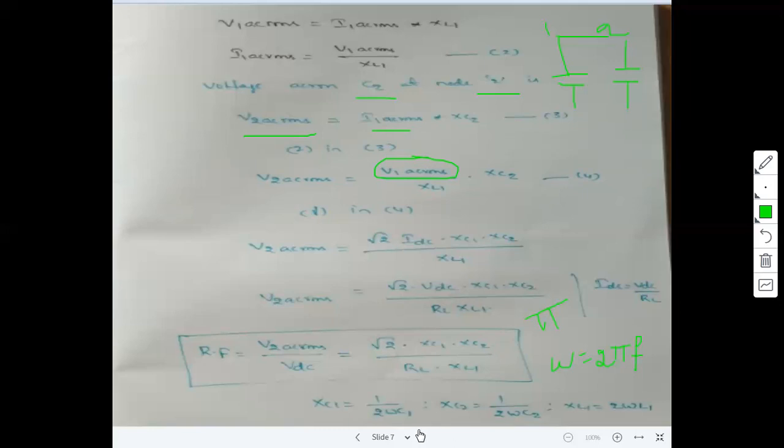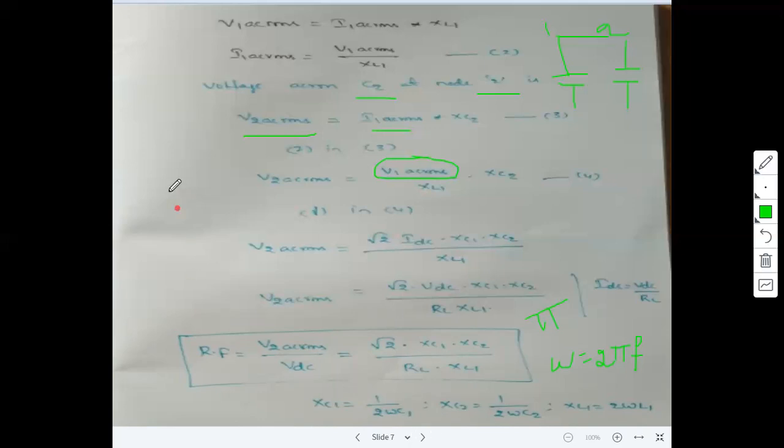So far we completed different types of filter circuits. One is the capacitor filter, second is the inductor filter, third is the capacitor and inductor filter, and fourth is the combination of three: capacitor, inductor, and capacitor filter. We completed a total of 4 different types of filter circuits.